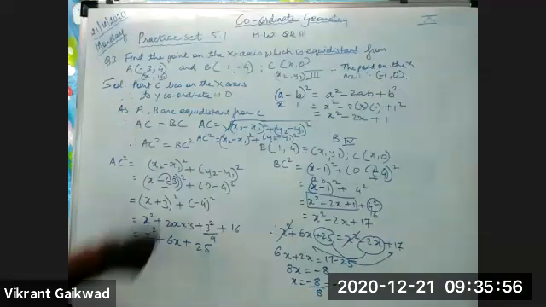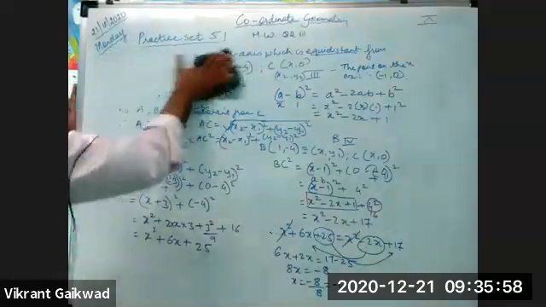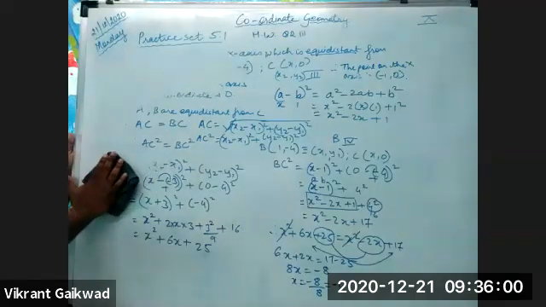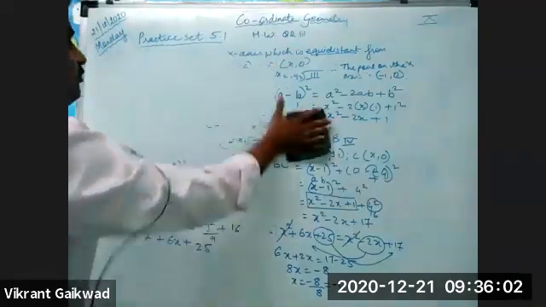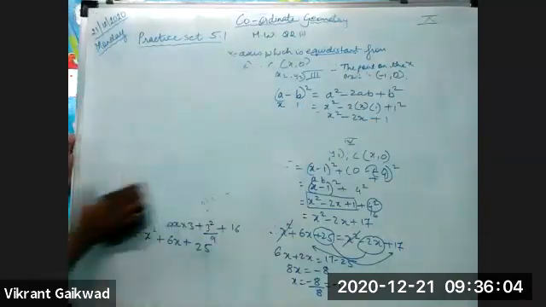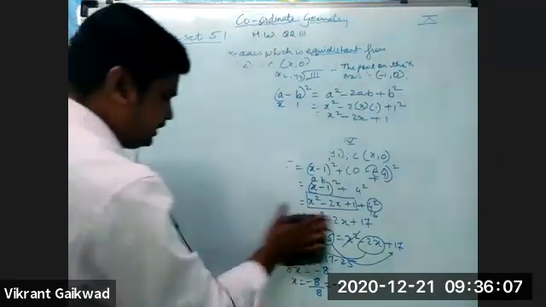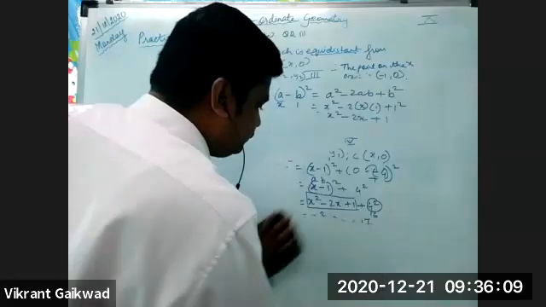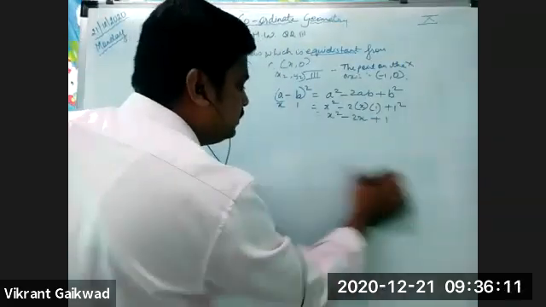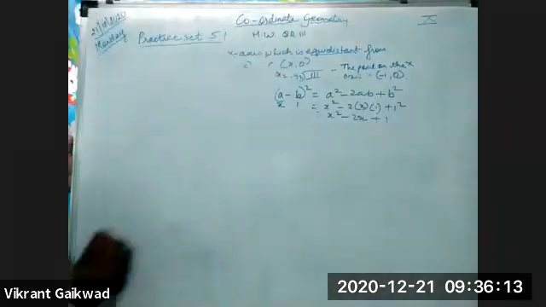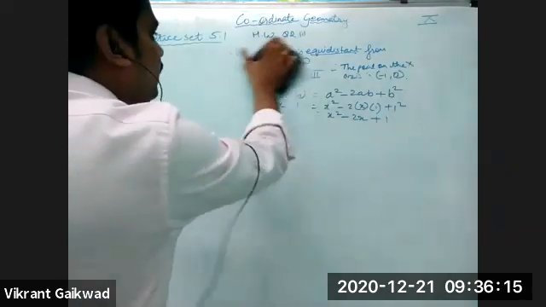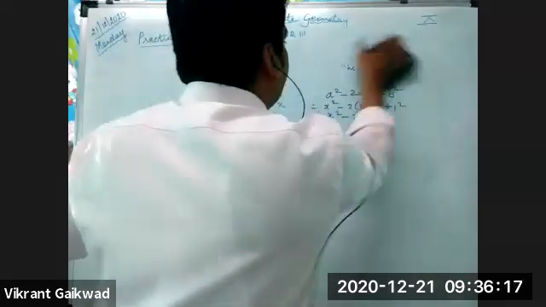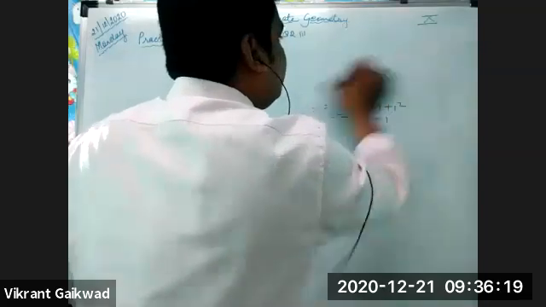Question number 4. We have to find whether the given points are the vertices of a right angled triangle. You see, when you're talking regarding the right angled triangle, you know there is one theorem to find the sides of the right angled triangle.